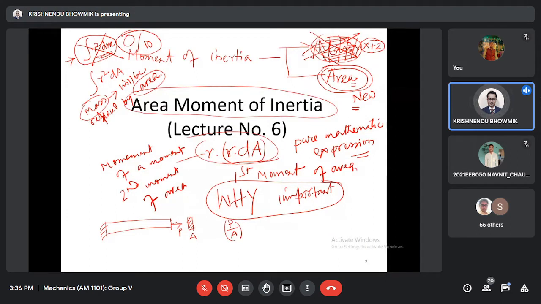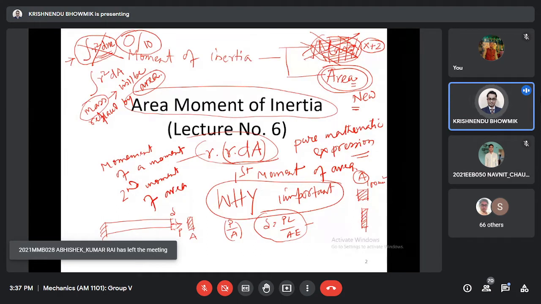And if it elongates like this, the deflection is delta equal to PL by AE. So we need only the A value. Whether A is like this or like this, the value is the same, say 100 millimeter square.